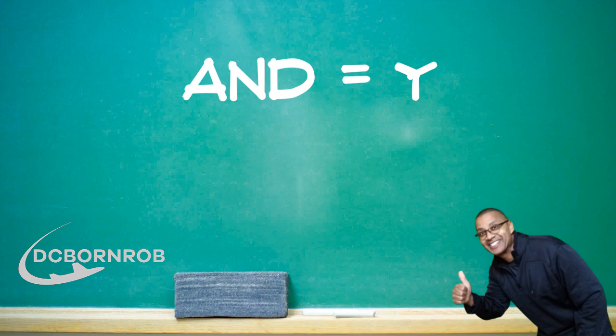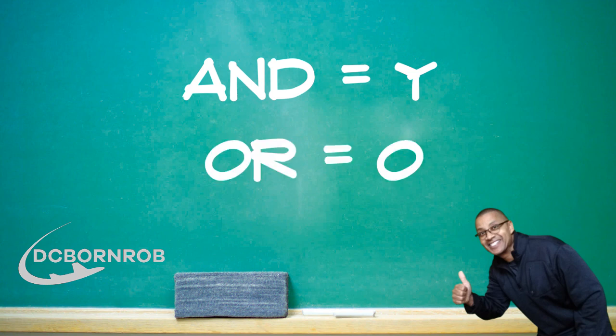So for and, it is E, the letter Y. Simple as that. And is E, pronounced E, the letter Y. And or is O, the letter O. So or is the letter O. O. E, E, O. Okay, so let's get started with it.